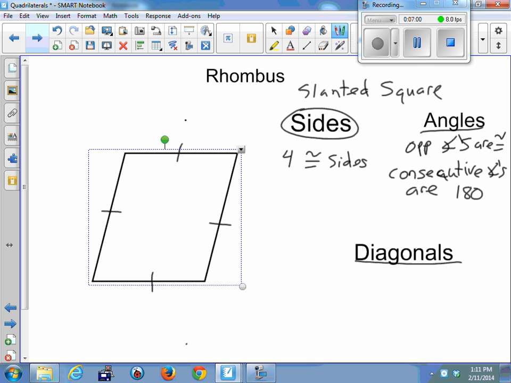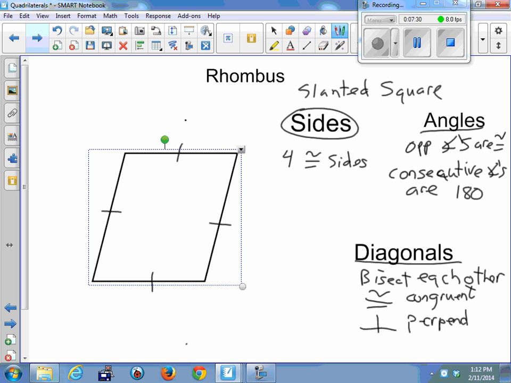The diagonals do bisect each other, which is just like a parallelogram. They are congruent, and they are perpendicular. So they are the same length, and they are perpendicular to each other, which is new from just a regular parallelogram.